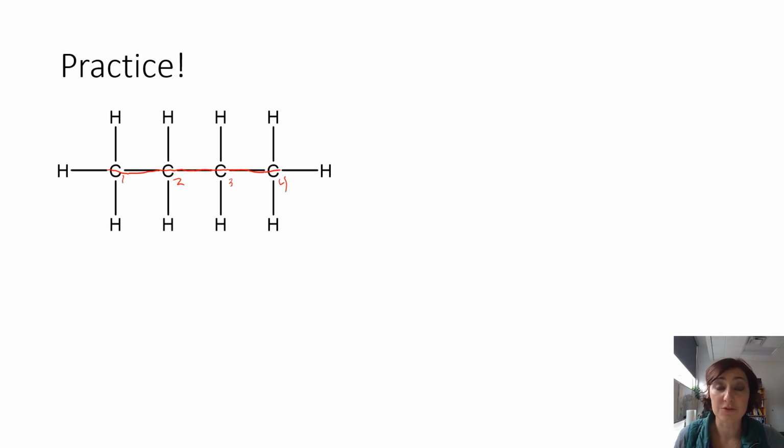I know I can't count those again as a branch. The prefix for 4 is but. And looking at this, I have carbons that all have single bonds to other carbons. There's no double bonds, and it's only carbons and hydrogens. So this is an alkane, so I end the name with ane. So the name of this compound is butane.